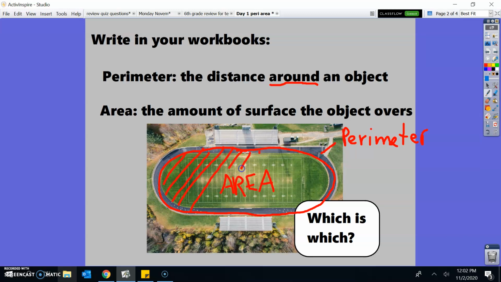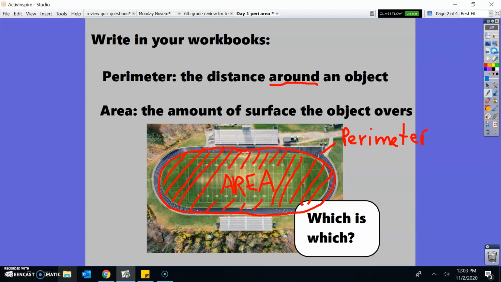So all of this space within the football field is considered area. And if you look at your two pictures of the rectangles on page 43, you see perimeter measures the outside, and area you see is made up of, kind of looks like squares a little bit, doesn't it? Okay, so when we're talking about perimeter, we're talking about outside. When we're talking about area, we're talking about inside, or the surface that the object covers.